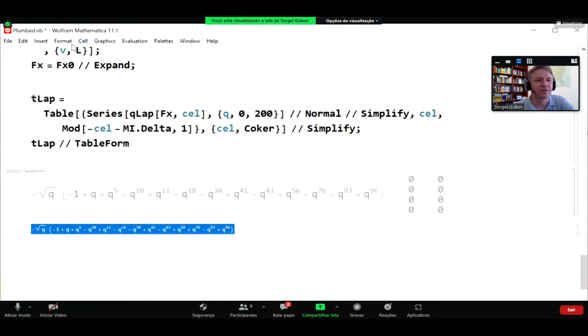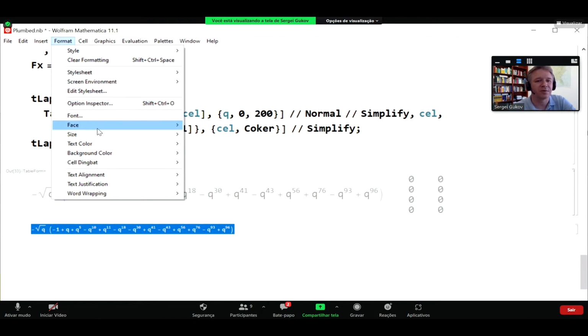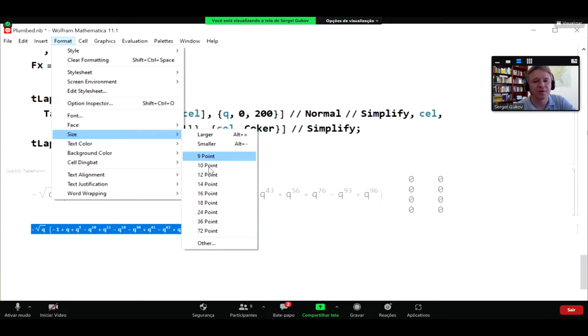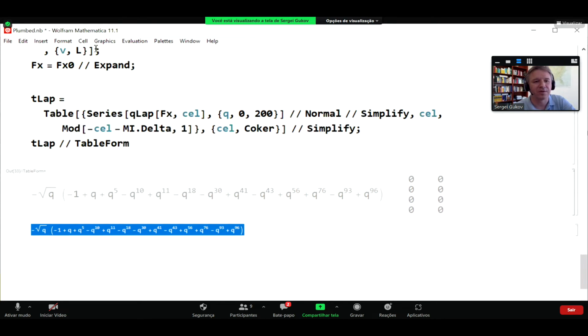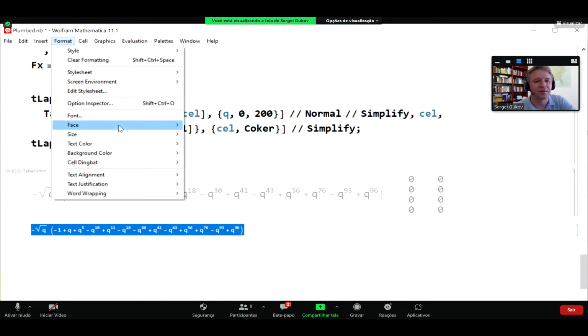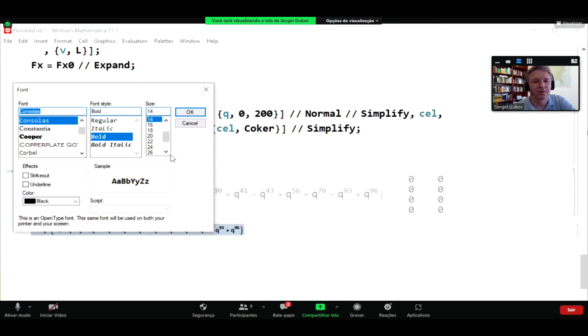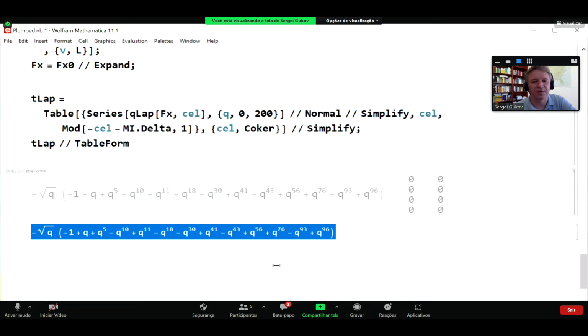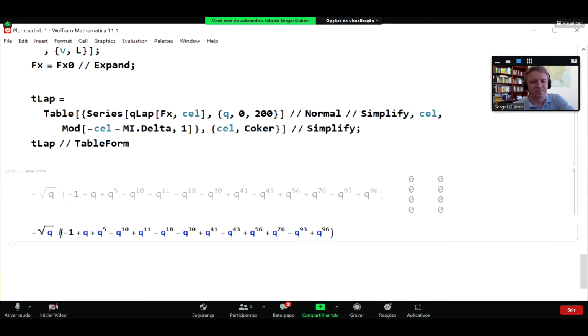So let's say this is a bit too small, so let me try to make it a larger font. Okay, how about this? So again, we don't have the eta function in the denominator yet, so it has to be divided by that.